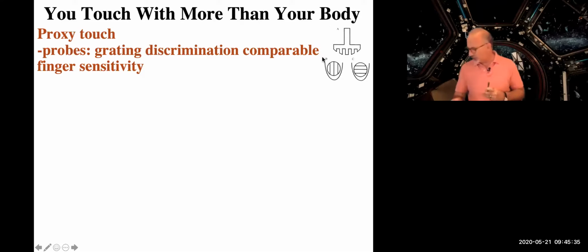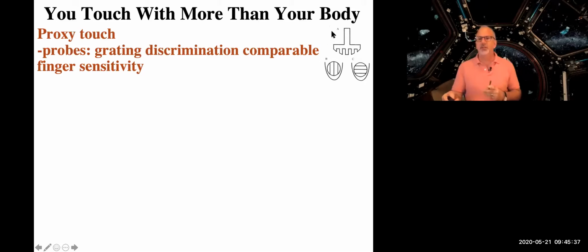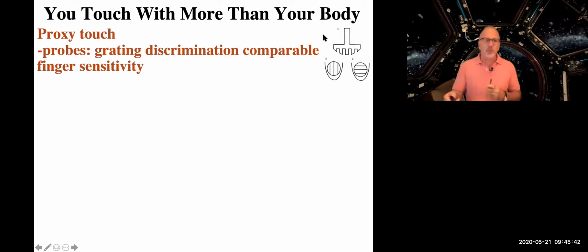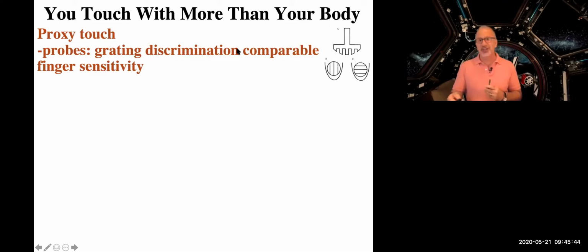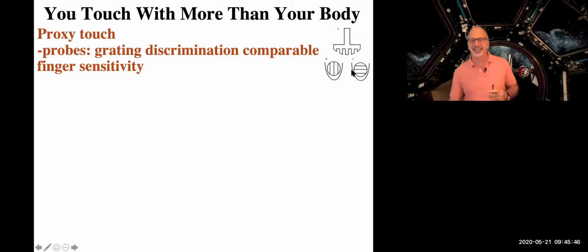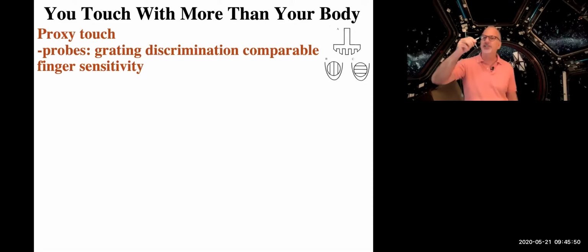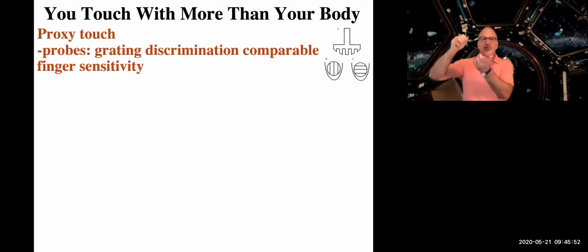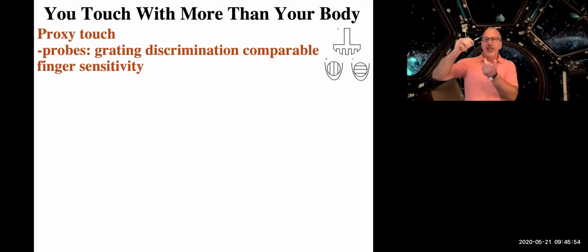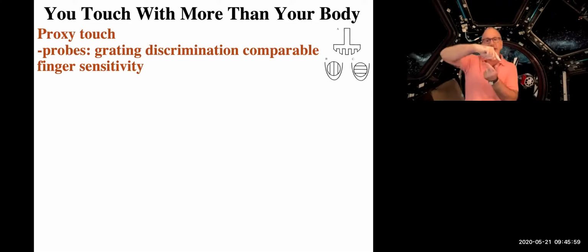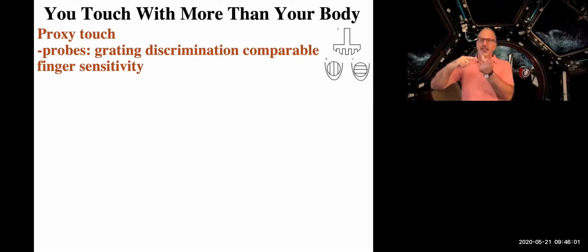Would this be easier with your finger or with a probe? As it turns out, based on what I wrote on the slide, people are as sensitive at knowing the orientation of these little raised grating lines using a probe as when they're actually drawing their skin across the grating.